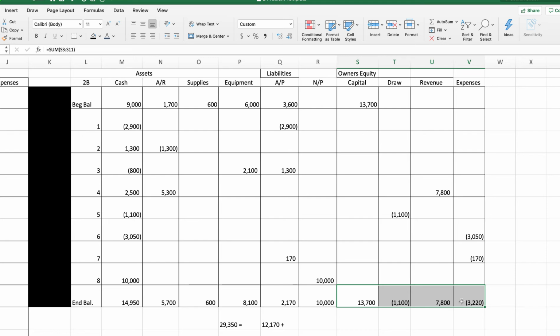If I add my capital, subtract my withdrawals, add my revenue, because revenue increases owner's capital, and subtract my expenses, because expenses decrease owner's equity, I should have 17,180.